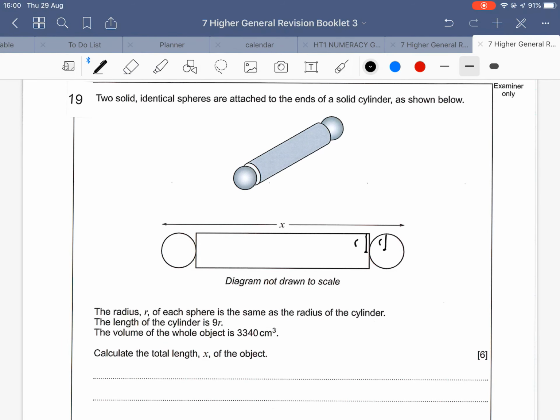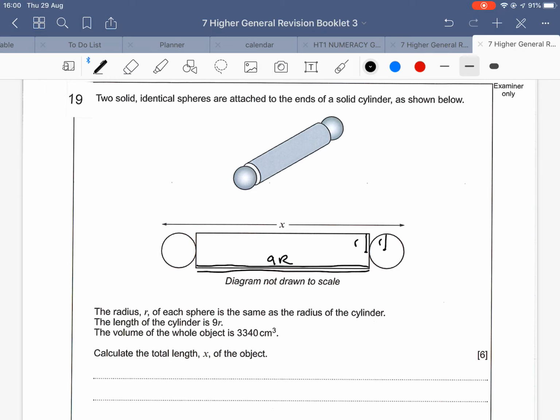The length of the cylinder is 9r. The volume of the whole object is 3,340 centimeters cubed. What is the length of x? The whole length.